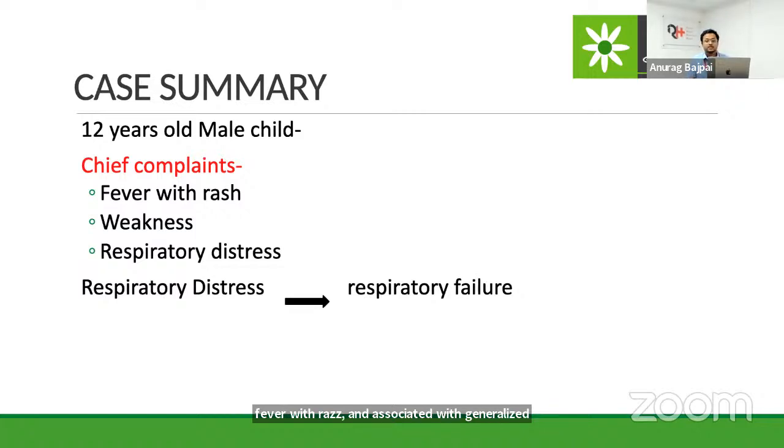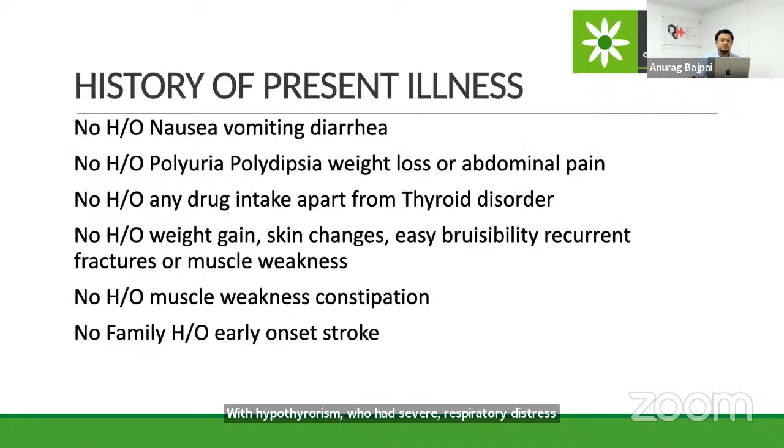After the initial investigations, ruling out the respiratory and cardiovascular causes, the pediatrics department gave an endocrine call, and we found that this is a 12 year old male child, a known case of trisomy 21 with hypothyroidism, who presented with severe respiratory distress and respiratory failure in our emergency department.